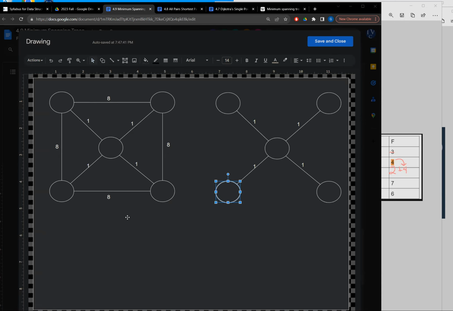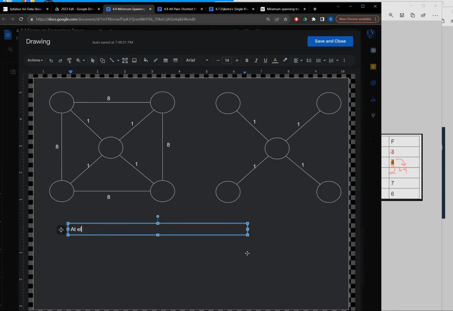So at least v minus 1 sorted edges will be processed, up to as many as all edges in the graph.